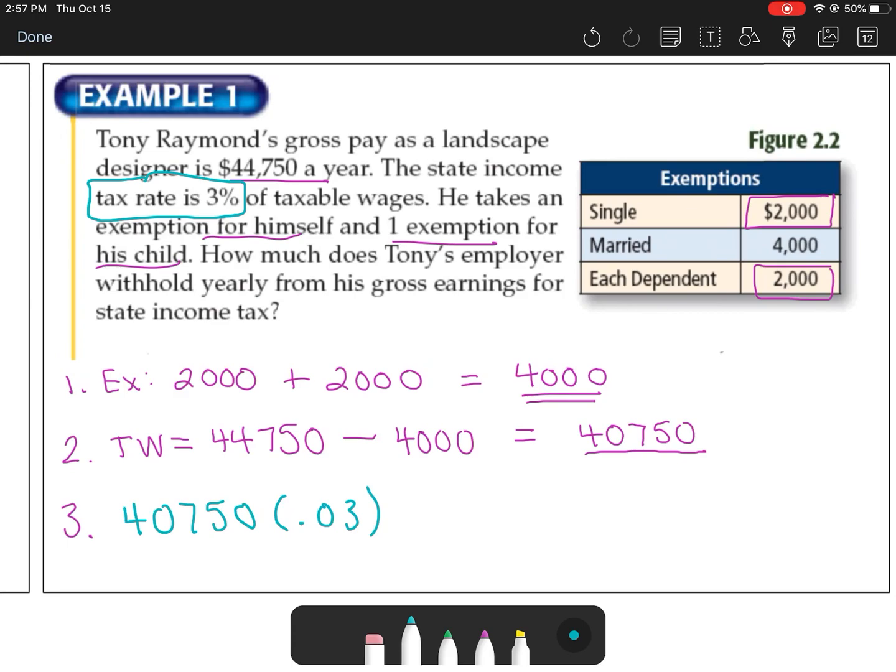If you forget how to go from percent to decimal, just divide by 100. When I multiply, I get $1,222.50. Now remember, this is how much is taken out annually, or for the year. Again, if you have questions on anything I do, please message me on Schoology.